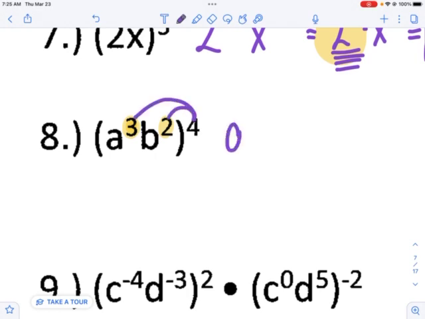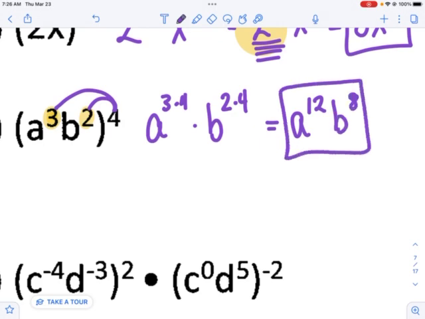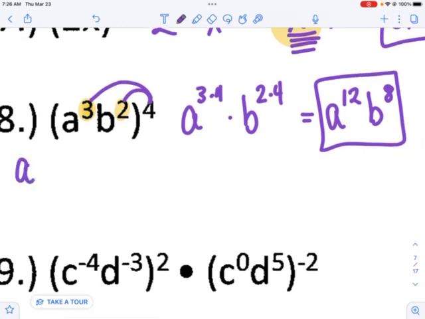So I have a to the 3 times 4 times b to the 2 times 4, which means I have a to the 12th times b to the 8th. Okay, again, you have that moment that you're like, I'm not sure. You write it out, in this case, 4 times, and you can use the product rule.